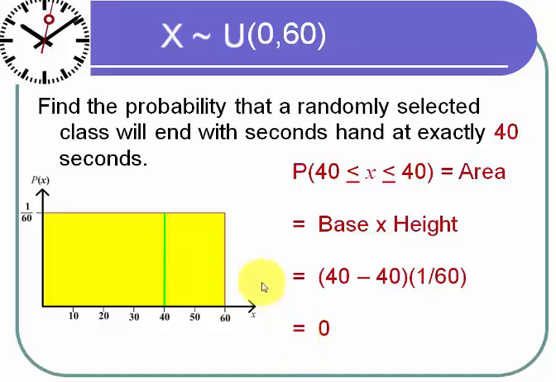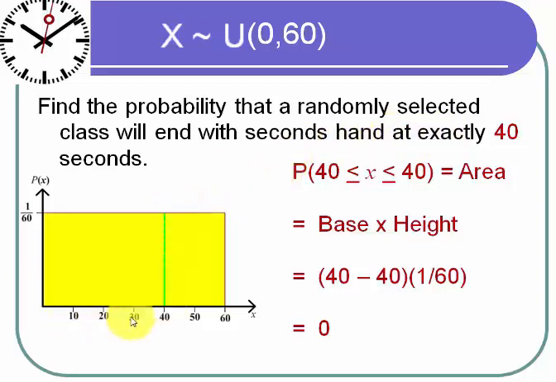When you have a continuous random variable, you have an infinite number of possibilities. And remember, before you thought about a probability being the number of ways of making you win, divided by the total number of ways that something could happen. Well, here there's only one way that it can make you win, and that's exactly 40.